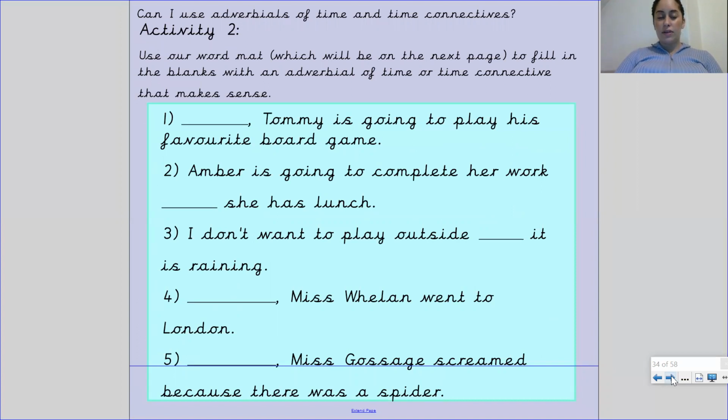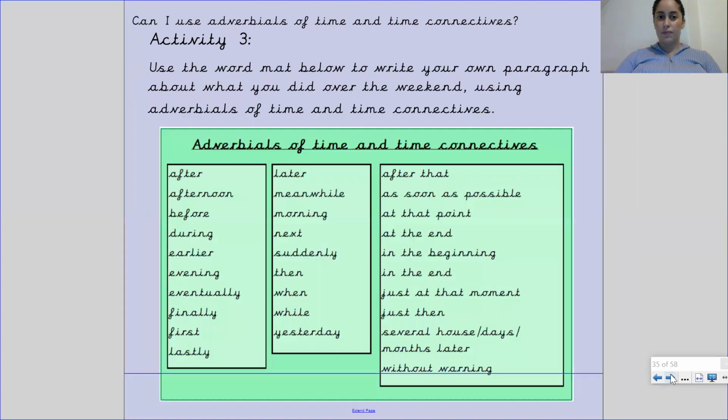If you're choosing activity 2, you're going to have to go back to the video and choose from our word map. Oh, actually, it's on the next page, sorry. To fill in the blanks with an adverbial of time or time connective. You must make sure that it makes sense. So you need to read the sentence all together with your adverbial of time or time connective to make sure it goes with the sentence.